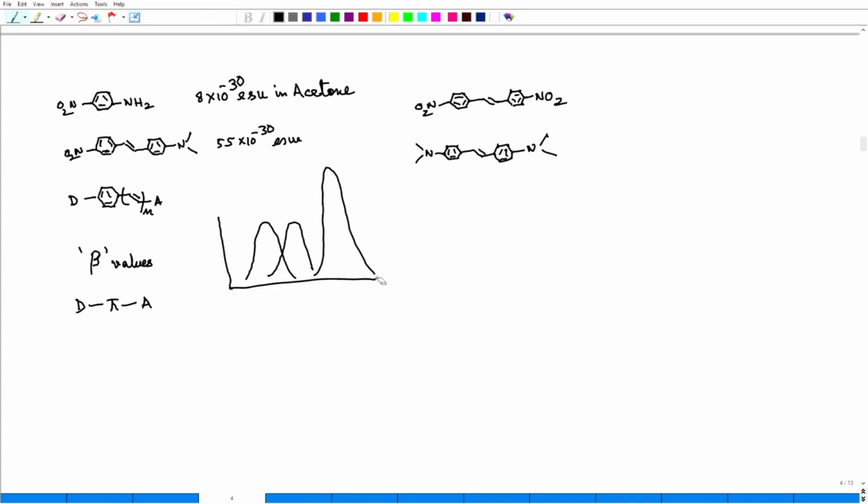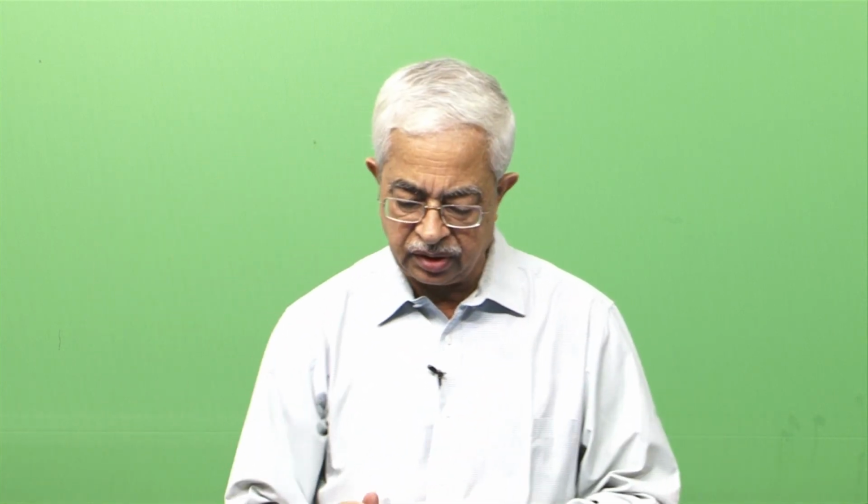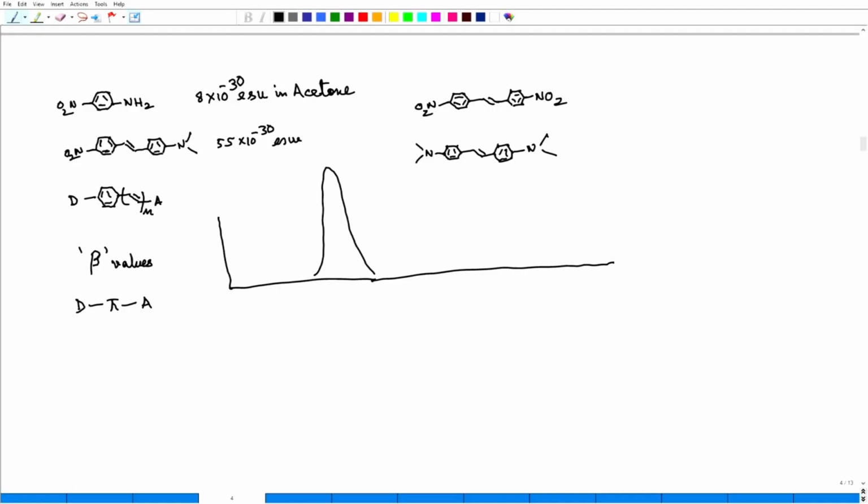That is why, after we know this is my peak, which light am I going to use? I am going to use a light here, because I have to light up the material, and then it will give you beta value, gamma value, etcetera. So I have to excite this molecule, say DANS, with which light?